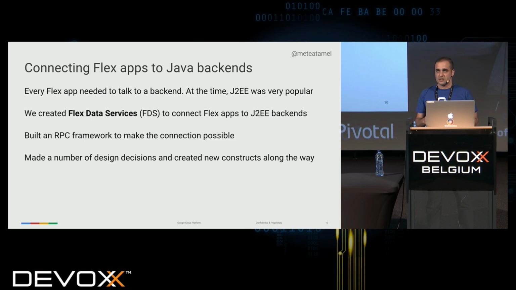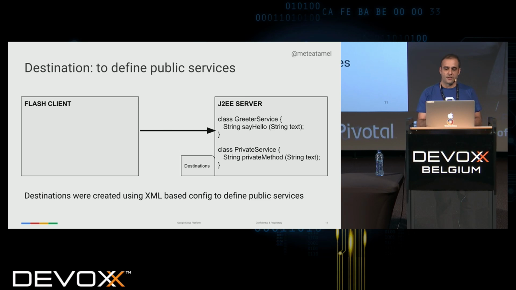Now, to make the connection, we had to build an RPC framework. So I just want to go through that process and tell you the design decisions and all the new constructs that we had to create to make the RPC system. Now, the first thing is, we have the J2EE server with the service that we want to expose to our clients, but in a typical use case, you also have some private services.